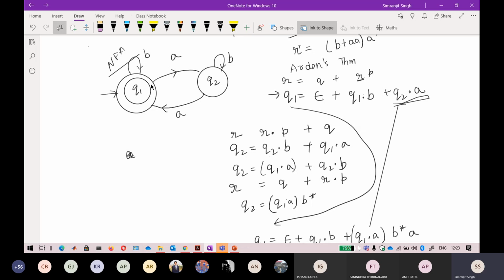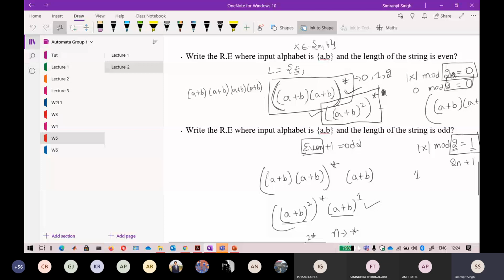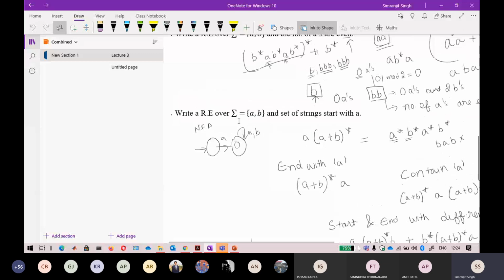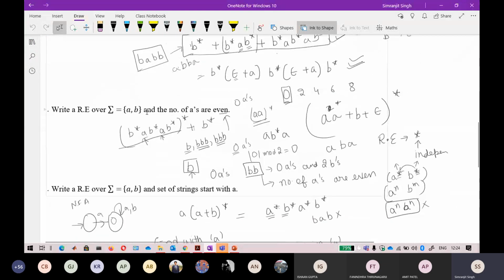Let me see if we have done it. In the combined one, I don't think we have done it. Number of A's are even, yeah, we have done this question. We have written the expression like B star A.